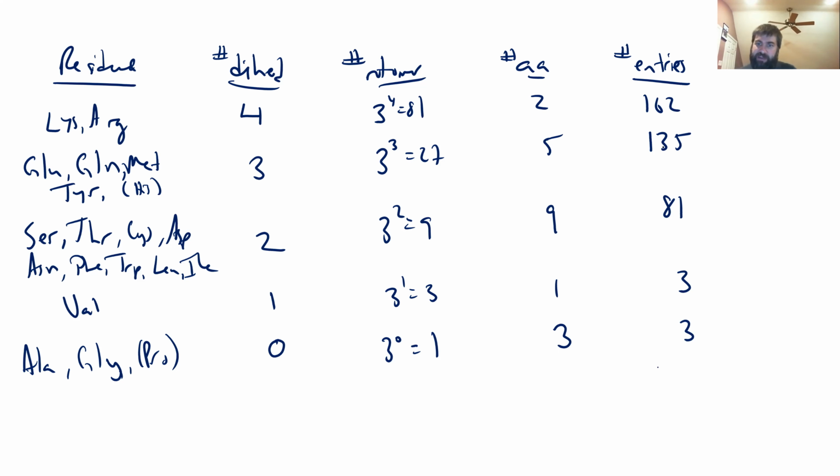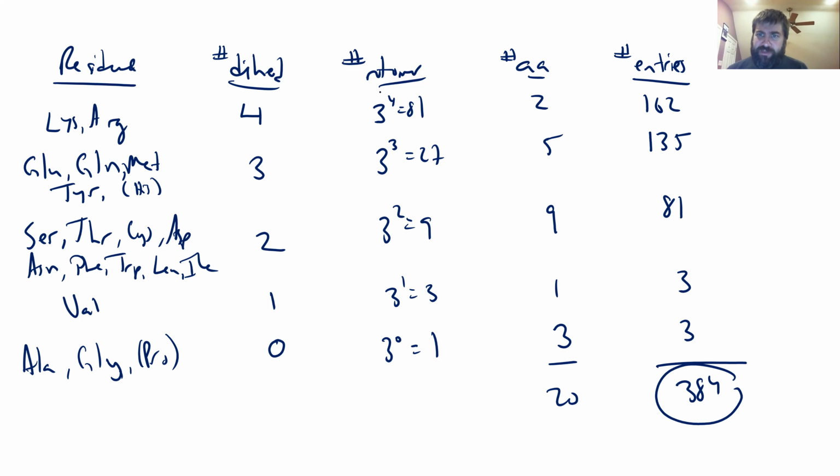And if we add all of these numbers up, we get our 20 total amino acids, and we end up with 384 choices. Okay. So approximately, we have a little under 400 choices in our minimal rotamer library.